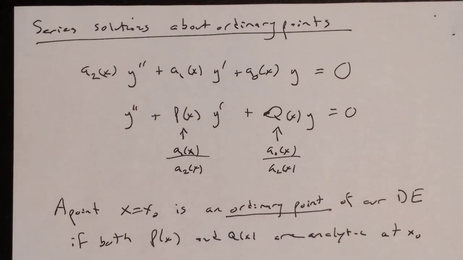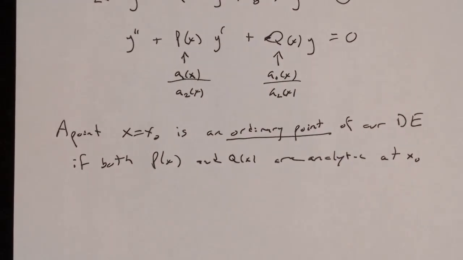Now, our original definition of analytic was this has a power series. Well, it's kind of useless to try and define something about a power series before I found a power series. So I'm going to mean this to mean the function and its derivatives exist there. So if P and P's derivatives, Q and Q's derivatives all work at this point x0, it's an ordinary point.